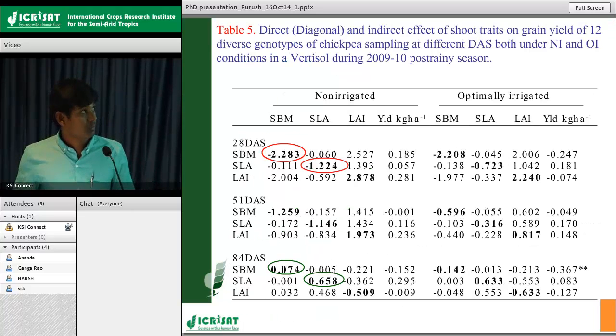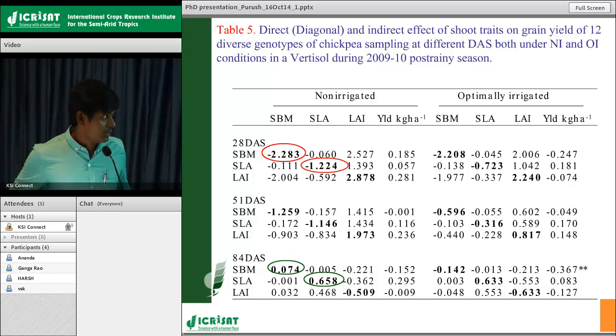When it comes to shoot biomass, at the vegetative stage, shoot biomass and SLA have a direct negative effect on the yield, but it was not maintained at maturity. Till the vegetative stage, the shoot biomass and specific leaf area were negative, though they came in a positive correlation through LAI.